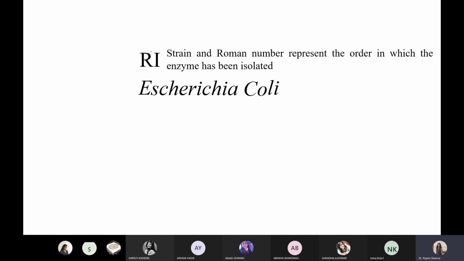R is representing the strain, whereas this Roman number is representing the order in which the enzyme has been isolated. So it is not only that E. coli will have only one type of restriction endonuclease; it will have multiple types.